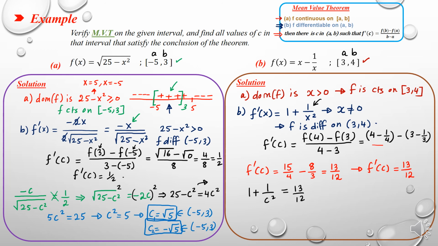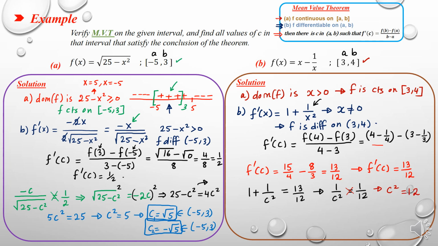Add 1 to both sides, you will get 1 over C squared equals 13 over 12 minus 1, and this equals 1 over 12, and by cross multiplication you will get that C squared equals 12.